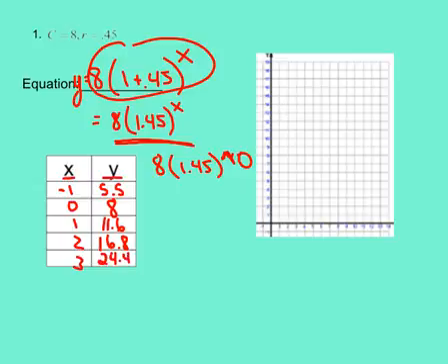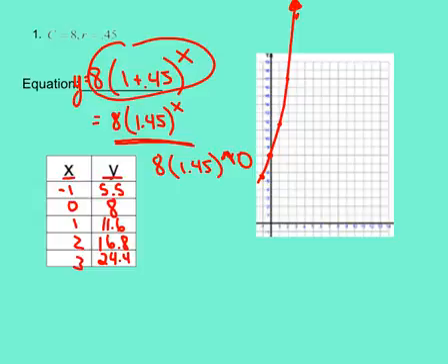So over here somewhere on my graph, negative 1 is 5.5, so about here. 0 is 8. 1 is 11.6. 2 is 16.8. 3 is 24.4. So you can see this is still a very large equation that grows. So that's what we're looking for.